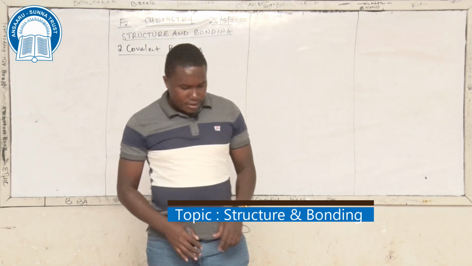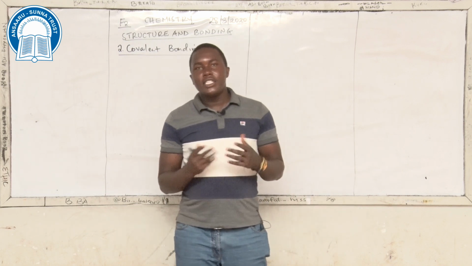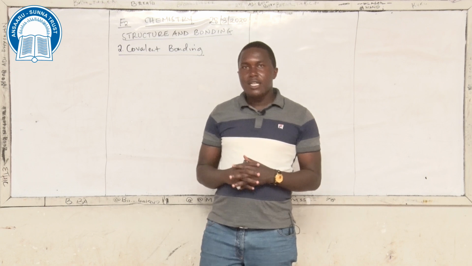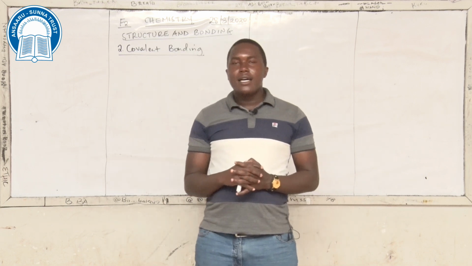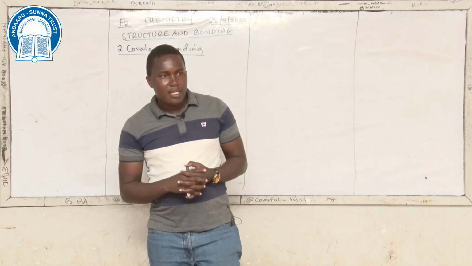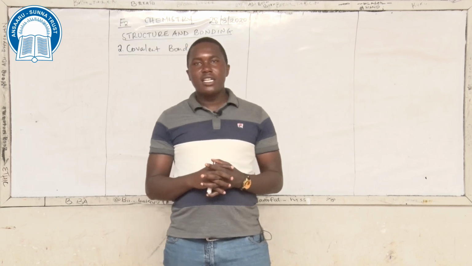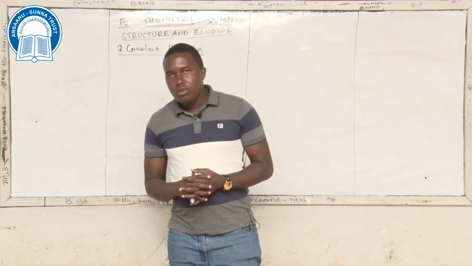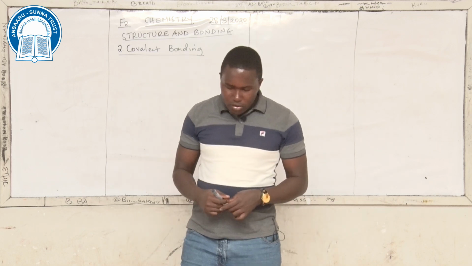Covalent bonding takes place when atoms share electrons. We saw that for a bond to take place, there can be electron sharing, there can be electron loss, which is also gain, or what we call complete transfer of electrons. So today we want to look at what happens when atoms share electrons.